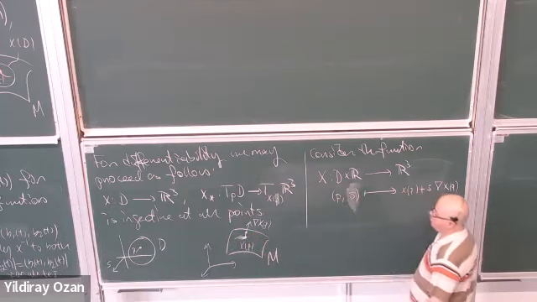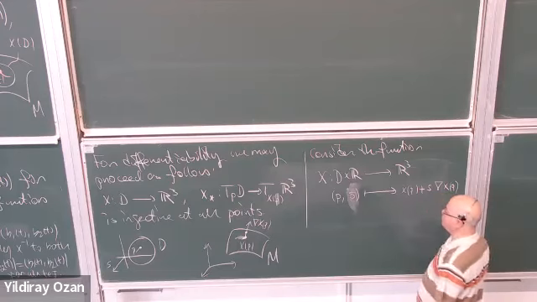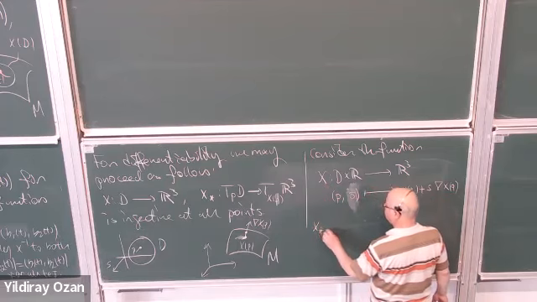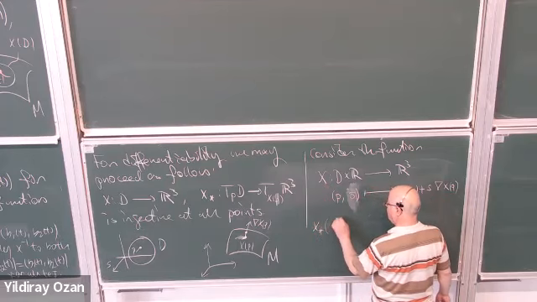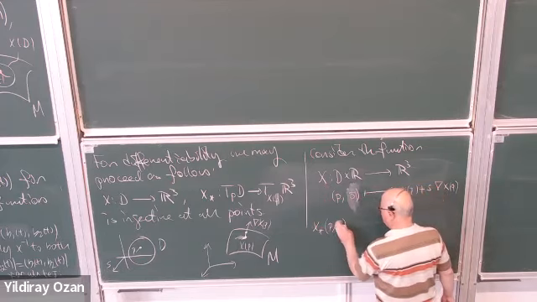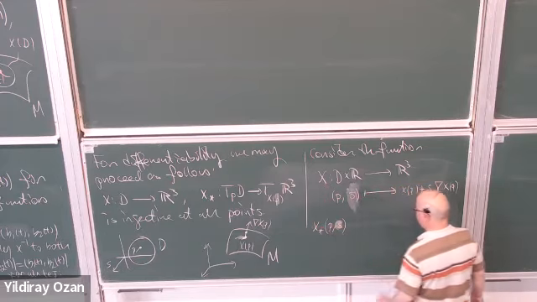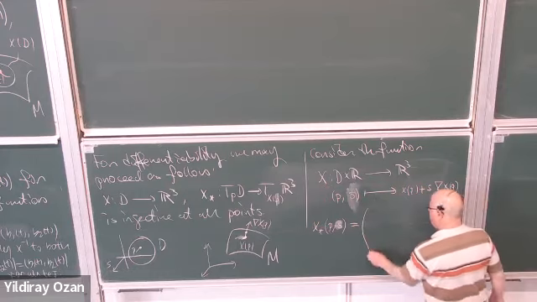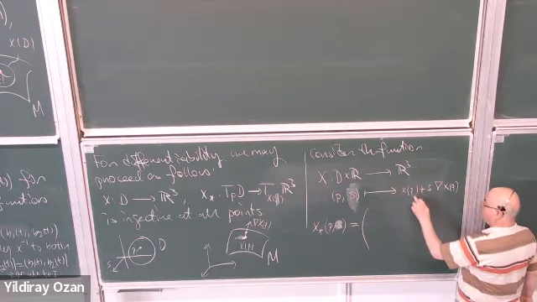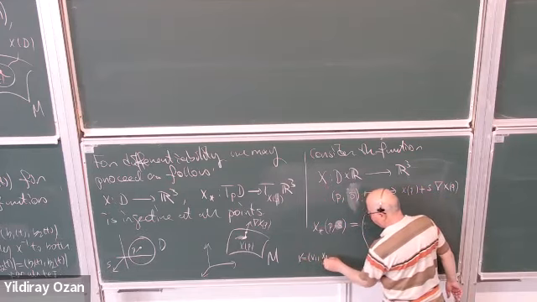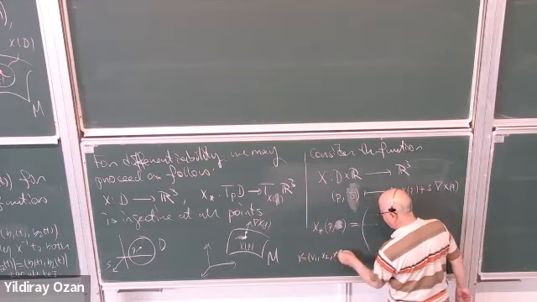Now, if you compute the differential of this at the point P comma S, what you get, well, X of P has 3 coordinates, x1, x2, x3, right?